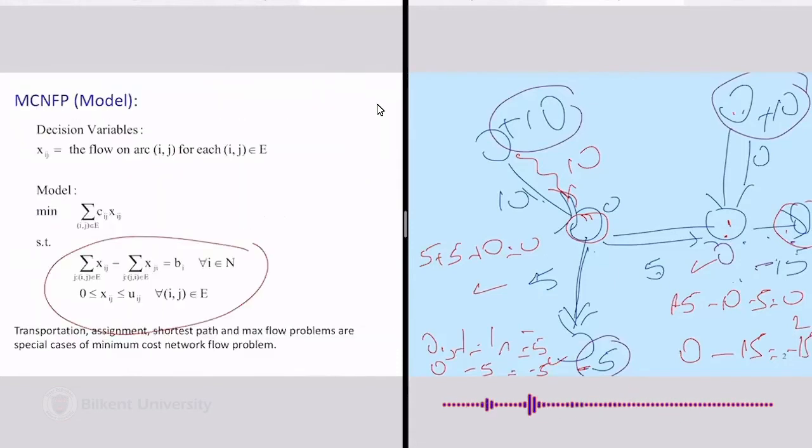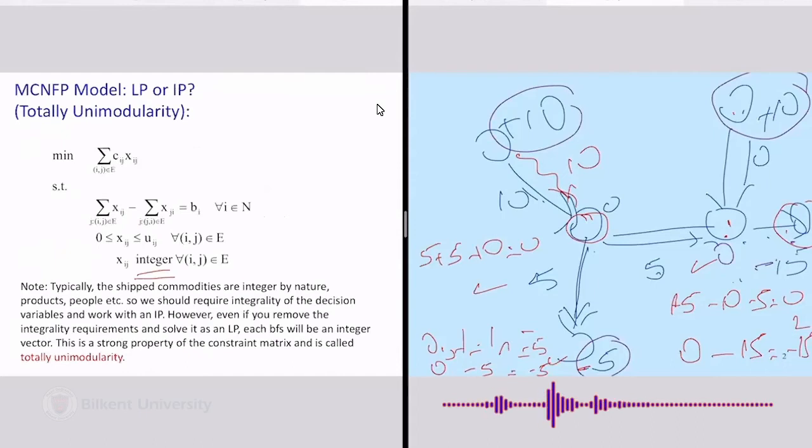Now, I was talking here. So normally, the real-life requirements for MCNFP problems require that those x variables should be integer. Fine. So these are examples for integer models, right? But there is a very nice property for this structure with the flow balance and just upper bounds and min cost flow, so MCNFP, okay?